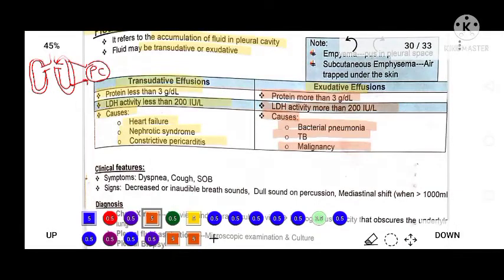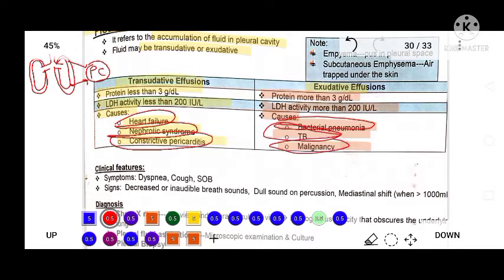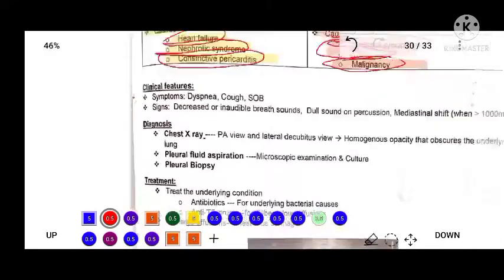So, transudative has heart failure, nephrotic syndrome, and constrictive pericarditis, while exudative has bacterial pneumonia, TB, and malignancy. So, these are prominent causes of pleural effusion.